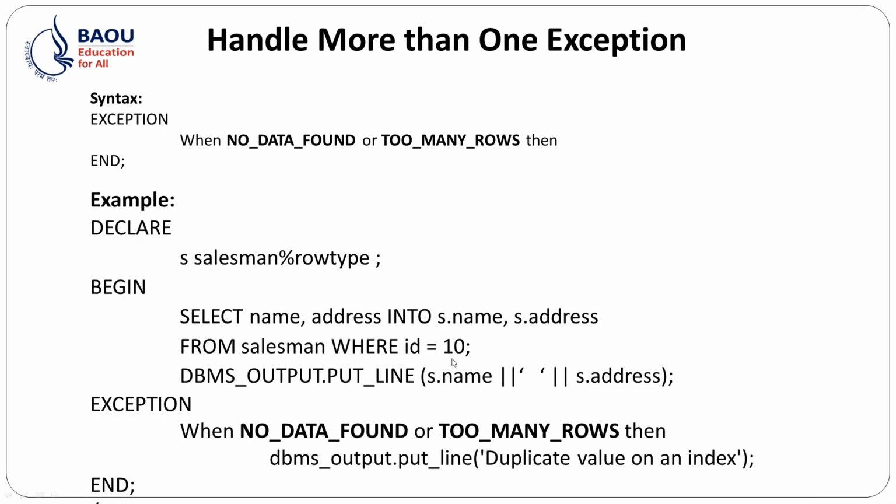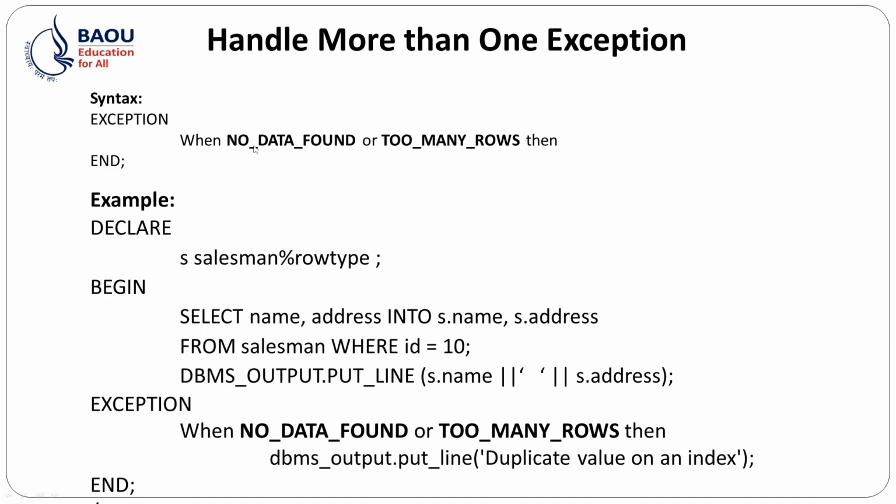But there are two situations: no data found, or too many rows. If this error occurs, it will be handled here. When no data found, if there are no records whose ID is 10, or there are too many rows, then the output displays duplicate value on index, or we can say there are no records.